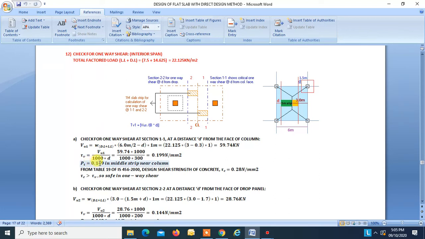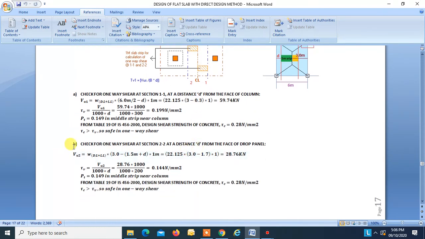PT we found to be 0.149 percent from our above design, which we found for the steel for the interior panel. From table 19, IS 456-2000, design shear strength for concrete for this PT is found to be 0.28, which is greater than tau V. So it is safe in one-way shear at section 1. Now check for one-way shear at section 2.